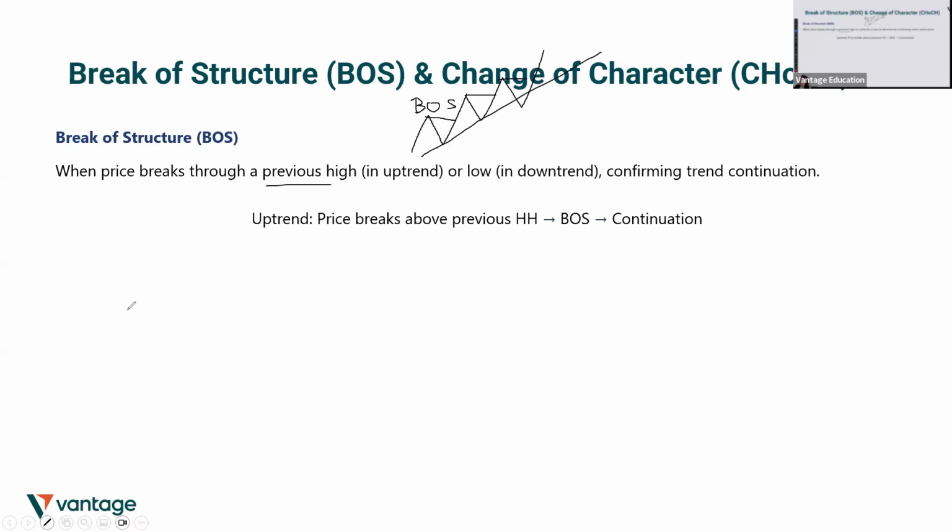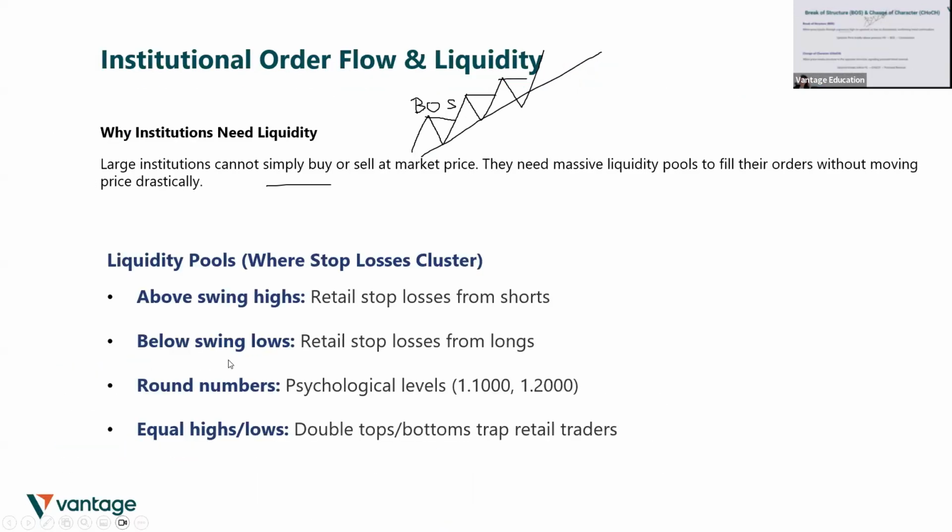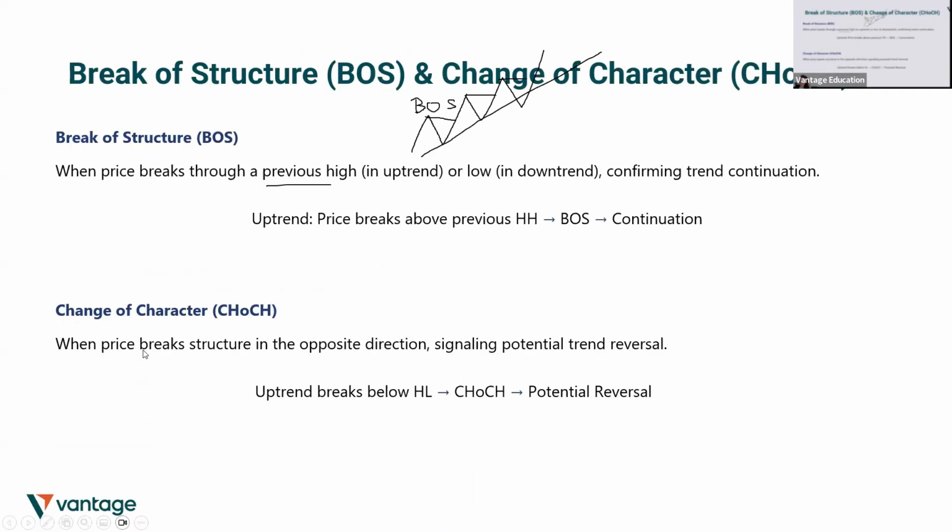All right, so for change of character, it is when price breaks structure in the opposite direction, signaling a potential trend reversal.